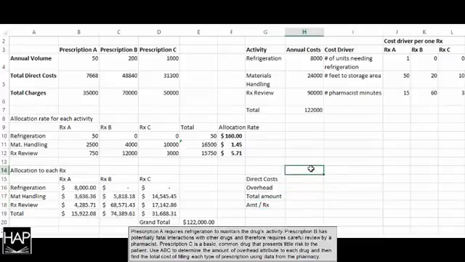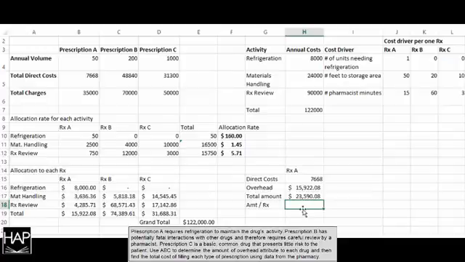So for prescription A, the direct cost is given to me here, $7,668. The overhead amount I calculated here, it's $15,922.08. So the total amount is just going to be the direct costs plus the overhead costs.